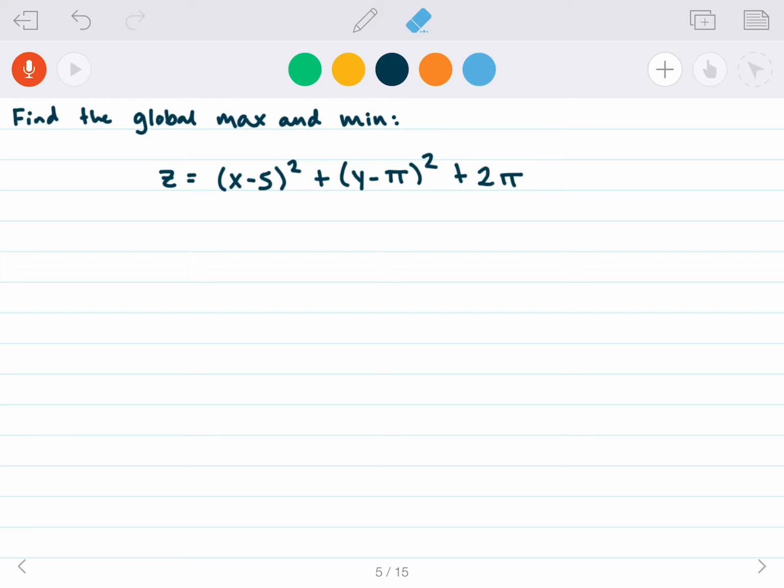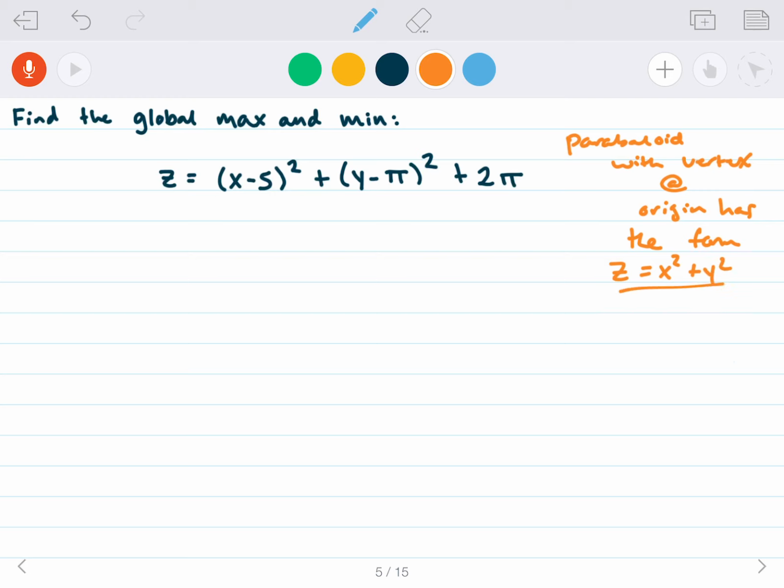Okay, so let's investigate whether or not this function has a global max or min. If you remember from quite a few videos ago, we talked about paraboloids. A paraboloid with vertex at the origin had the form z equals x squared plus y squared.